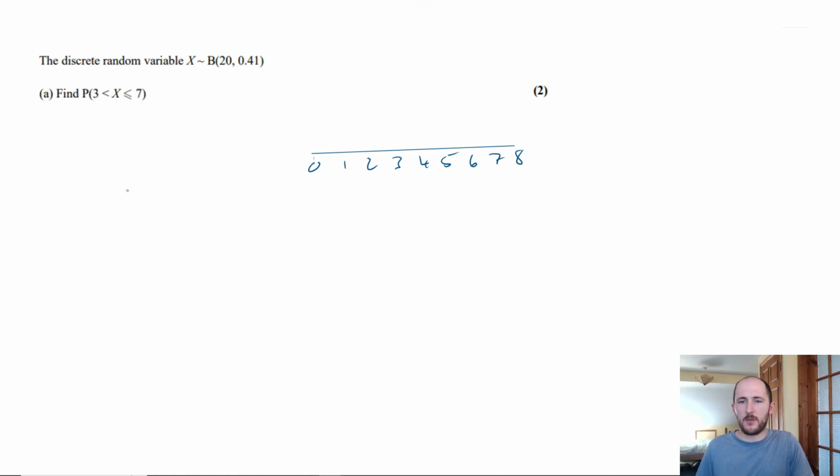Okay. Now the values that we want are 7 and greater than 3. So what we can do using our inequalities, because again, remember, we have to go from left to right, is we could work out less than equal to 7, which would look like this, and then get less than equal to 3.